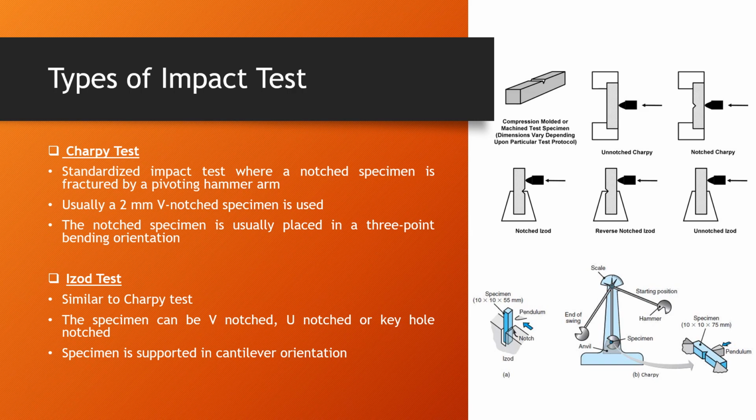So that's the basic difference between these two tests. And usually on Charpy tests you use a V-notch specimen, whereas in an Izod test you could use V-notched, U-notched, or keyhole notch specimens. For this experiment, we're going to be focusing mainly on Izod tests.